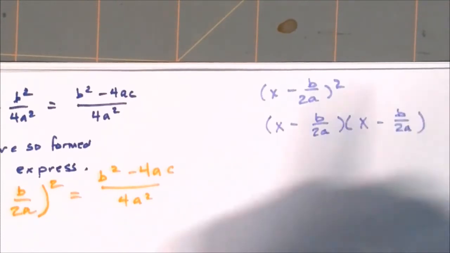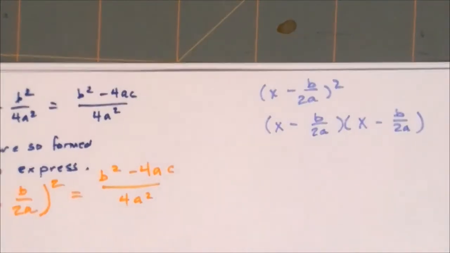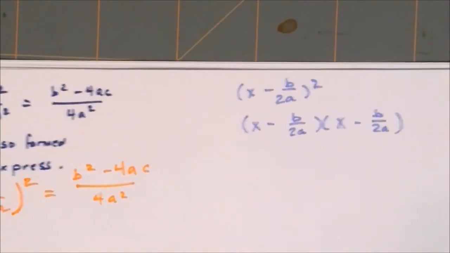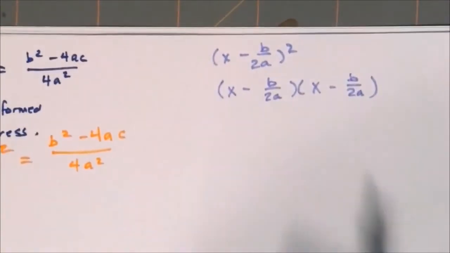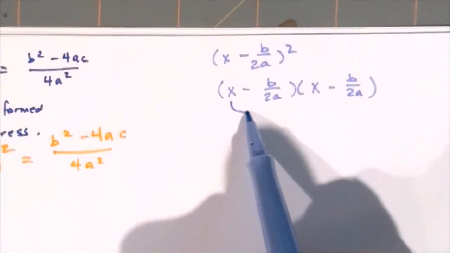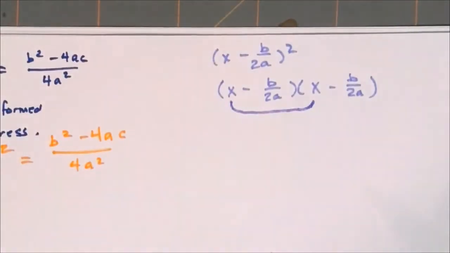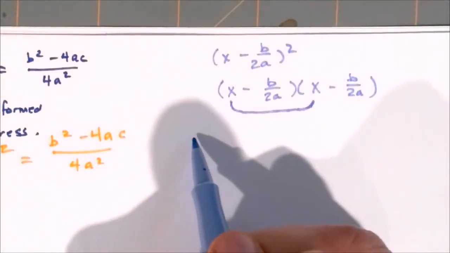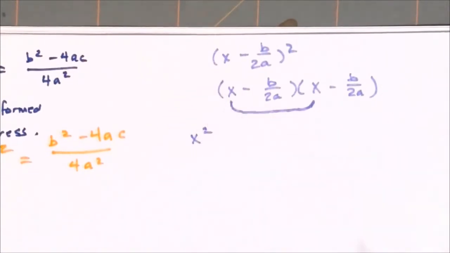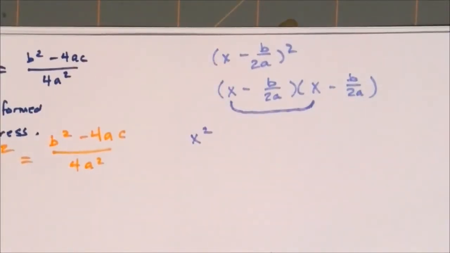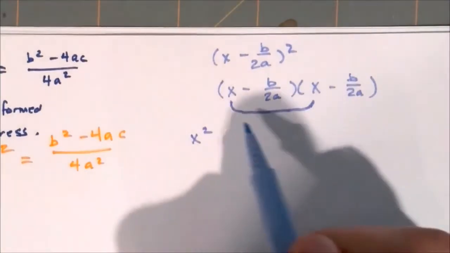Well, let's just see. X minus b over 2a quantity squared is x minus b over 2a times x minus b over 2a. Now, this is a FOIL problem. Now, I'd say there are quite a few shady individuals on the last test that decided this was mental math and just told me the answer. But most mortal men who breathe air and cannot fly would do this using the FOIL method. So x times x is x squared.